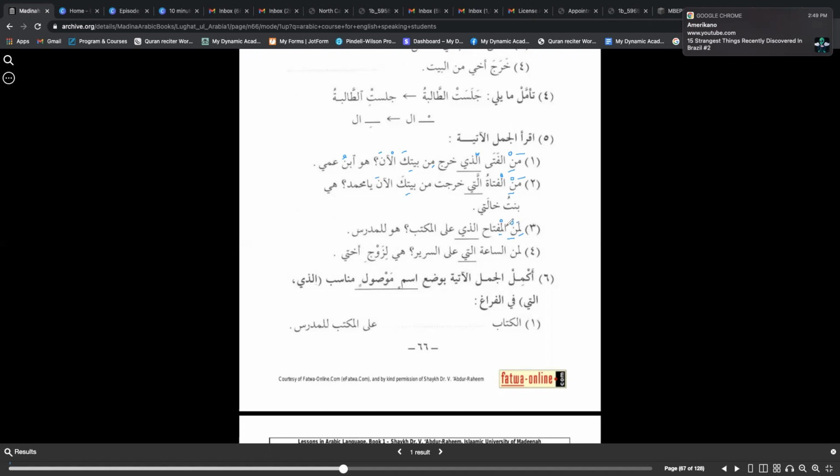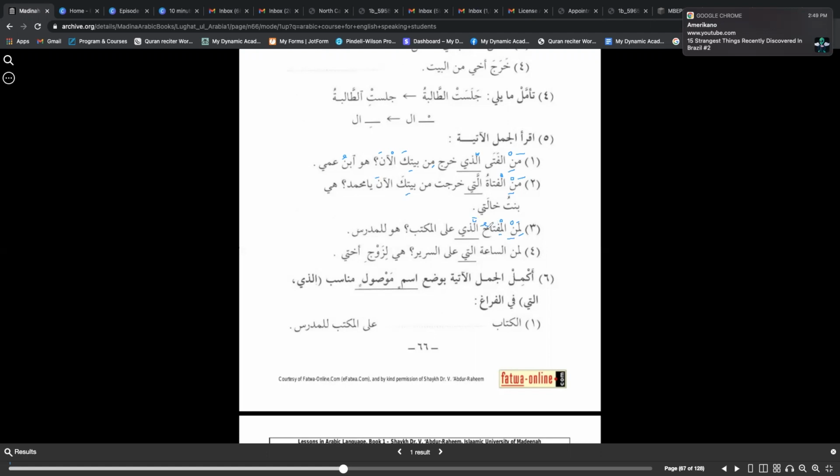Limanil. So the noon connects right to the lam. Limanil miftahu. So to whom, yani, is the key? So whose key? Miftahul. And so you have the sukoon on top of the lam. So this ha, there's also an alladhi. The alif becomes hamza to wasl, right?